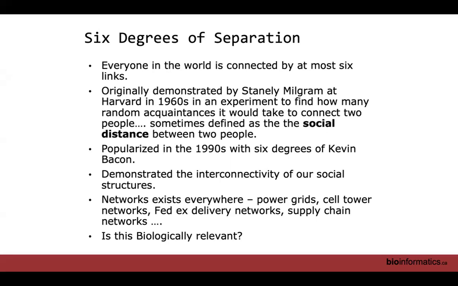The whole idea of this concept was actually originally developed or demonstrated by Stanley Milgram's lab in Harvard in the 1960s. He did a very interesting experiment where, old school snail mail, he had people mail out letters to 6 people that they know at random. And he asked that you put your name and your address on the list.